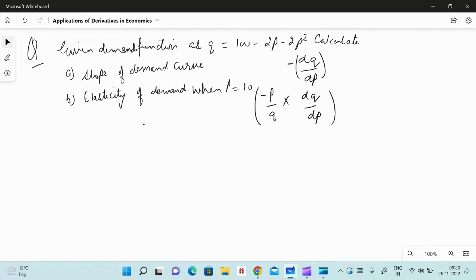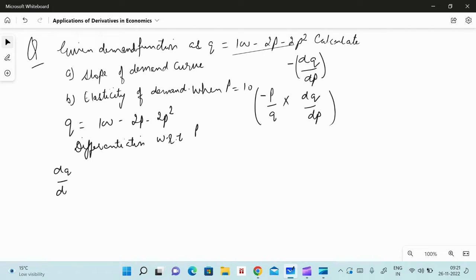Here it is given that the demand function, that is q, equals 100 minus 2p minus 2p square. Now the next step, we will differentiate with respect to p. So dq divided by dp is equal to the derivative of this equation.